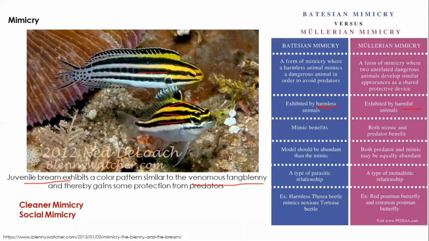There are differences in the fins and other meristic characters, but in general, what do you see? The color pattern. The juvenile bream exhibits a pattern similar to the venomous fang blenny, and the bream gets a benefit because the predators may not attack the fang blenny, so the predators may not attack the breams either. So this is one very good example of Batesian mimicry in the marine environment.